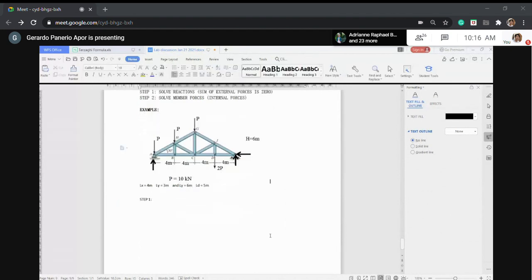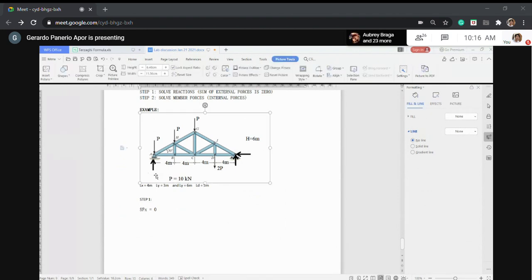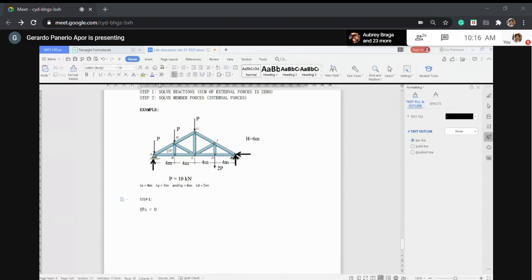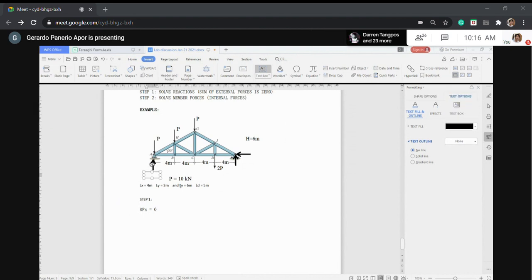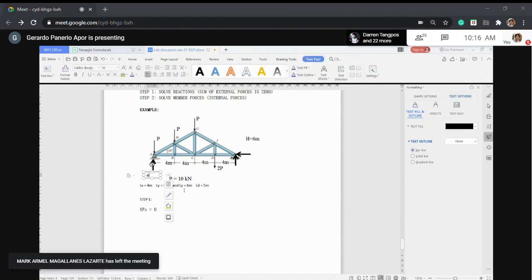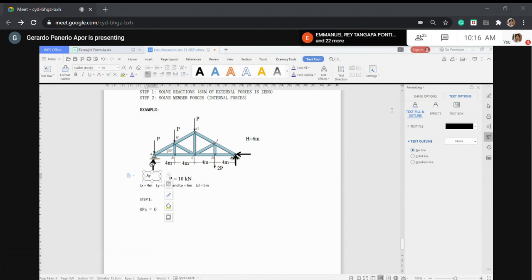Okay, so if I am going to sum up forces in x equals to 0, I need the name of the force here. I will insert a text box here. I will call that AY.